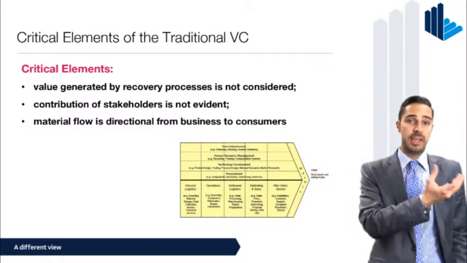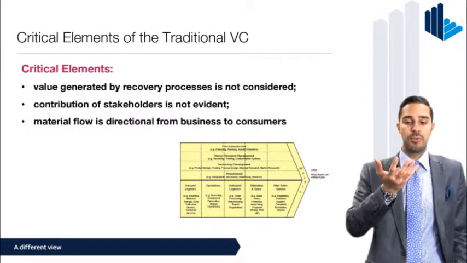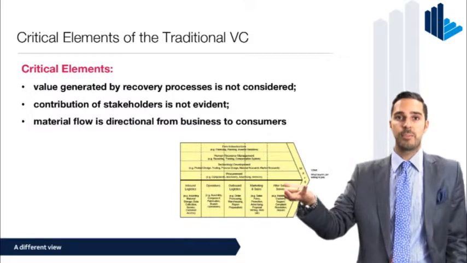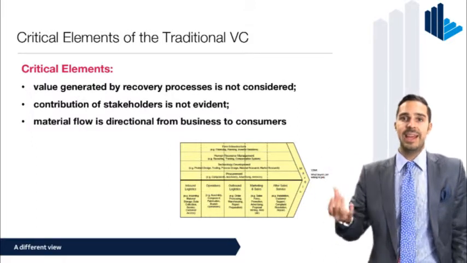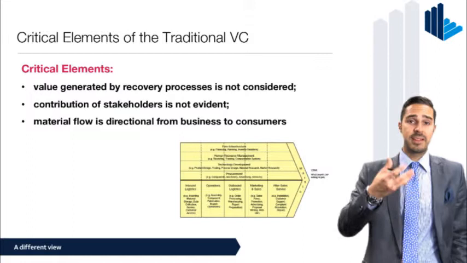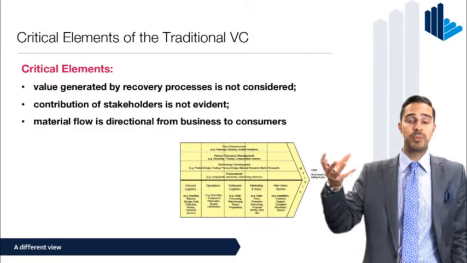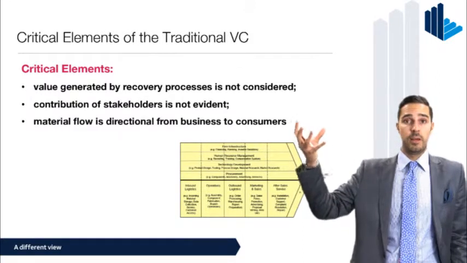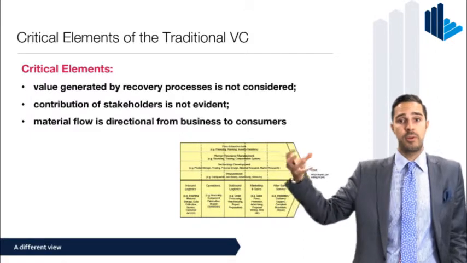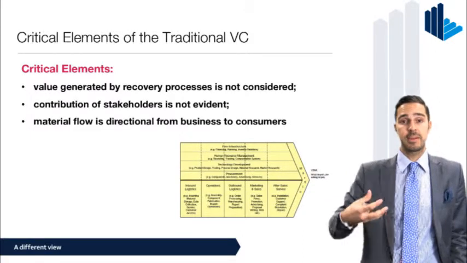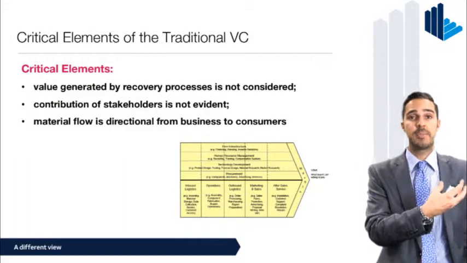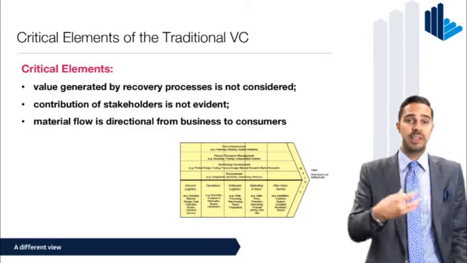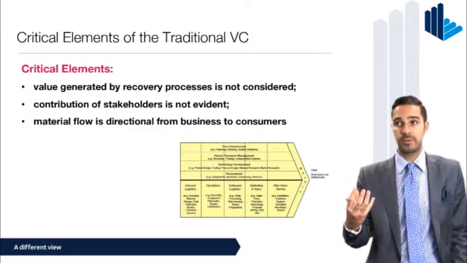Companies get materials, produce products, and commercialize products on the market. Again, this doesn't take into consideration the possibility of recovering these products, recycling the materials, and using these recycled materials as new materials for producing new products.